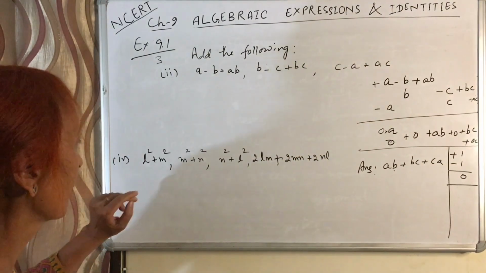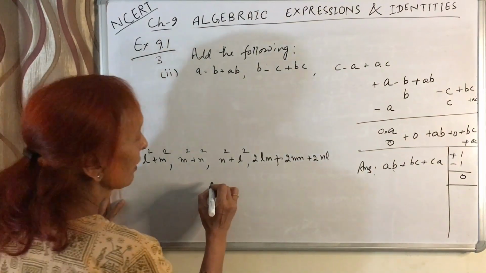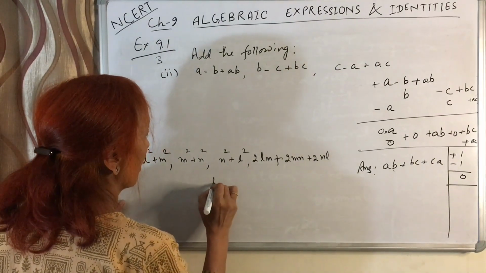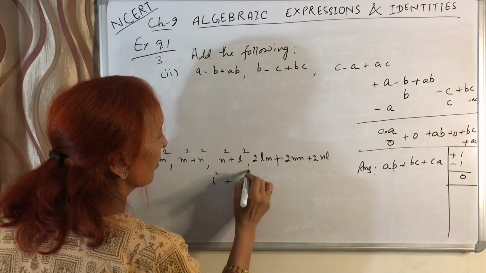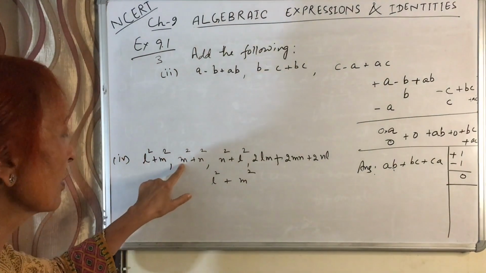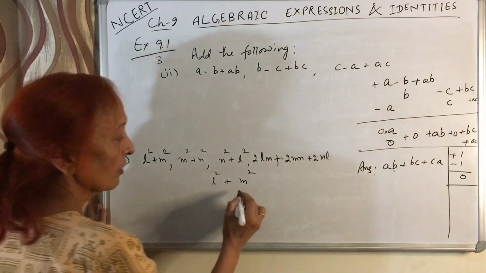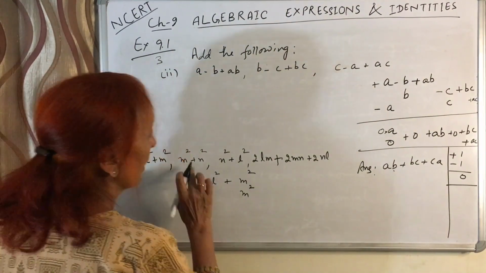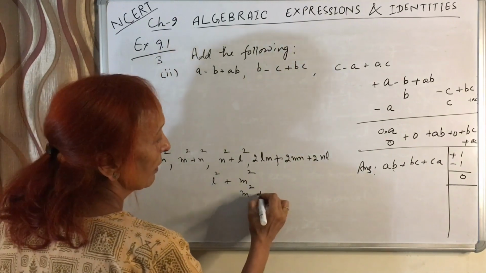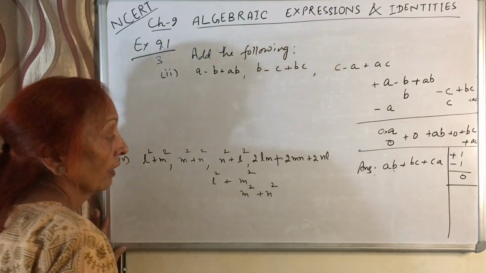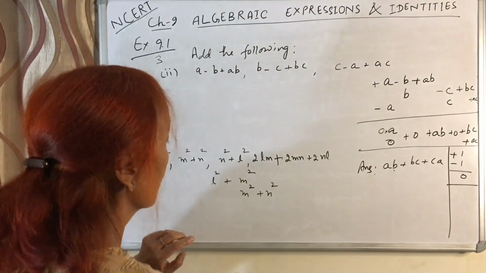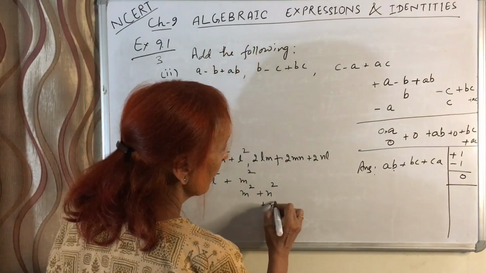Next is L square plus m square. Next is m square plus n square. M square is here, so I will write m square below this. No n square here, I will write next to it. Next is n square plus L square. N square I will write below this.